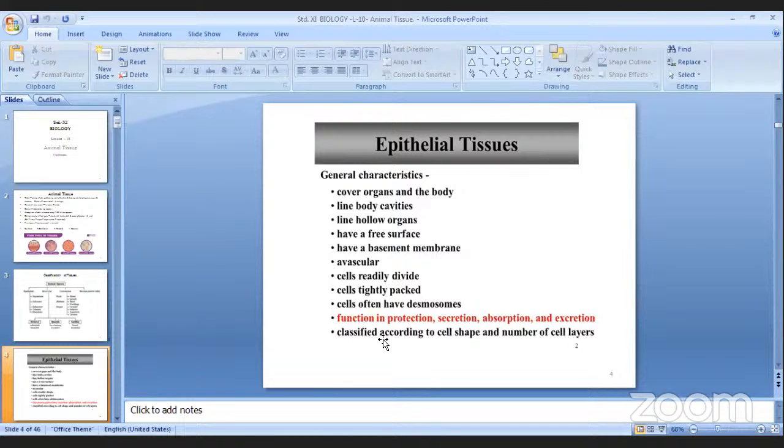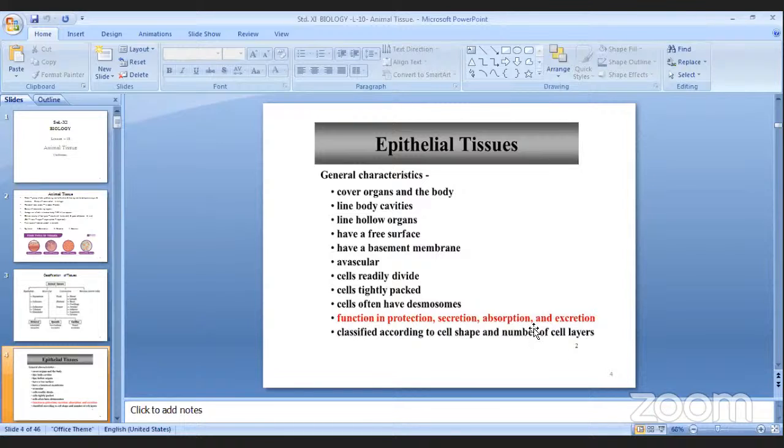Now, it is classified according to the cell shape and the number of cell layers. So here I told you in the beginning that epithelial tissue is basically classified into two types: simple epithelial tissue and compound epithelial tissue. Here you see it is mentioned number of cell layers. If only one layer is there, then it is simple epithelial tissue.